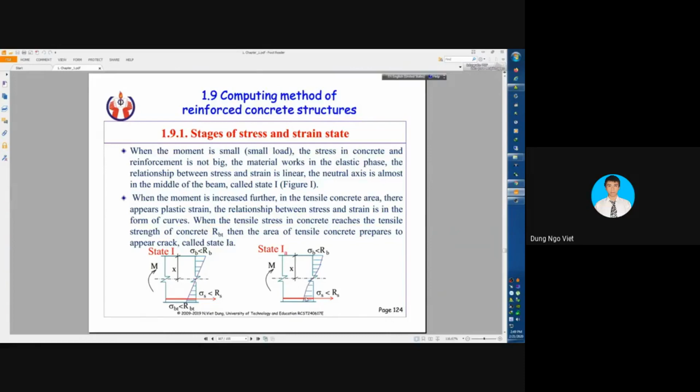When the tensile stress in concrete reaches the tensile strength of concrete, Rbt, here the tensile stress of concrete is smaller than the tensile strength. However, here the tensile stress of concrete is equal to the tensile strength of concrete, then the area of tensile concrete prepares to crack, and we call this state 1A.